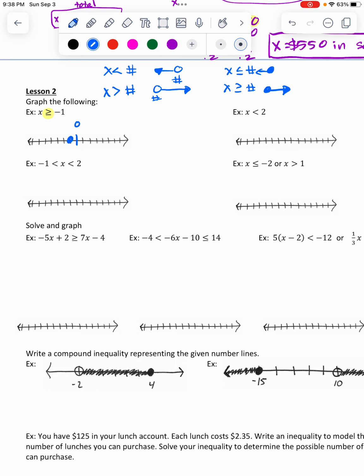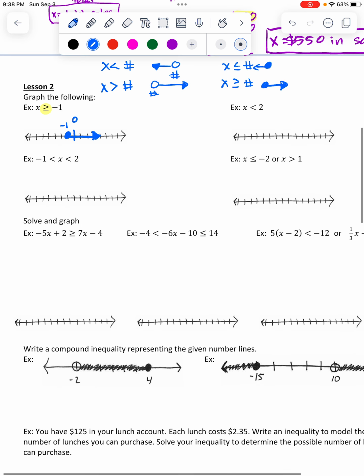I like to have it shown where you're starting, clearly show whether it's solid or open, and then an arrow in this case to the right because that's where the numbers that are greater than that would be. Versus here where this is strictly less than. So again, if this is my 0, 2 would be here. I'm going to write 2, and then I'm going to leave it open because it has to be strictly less than that, and it's going to go down to the left from there.